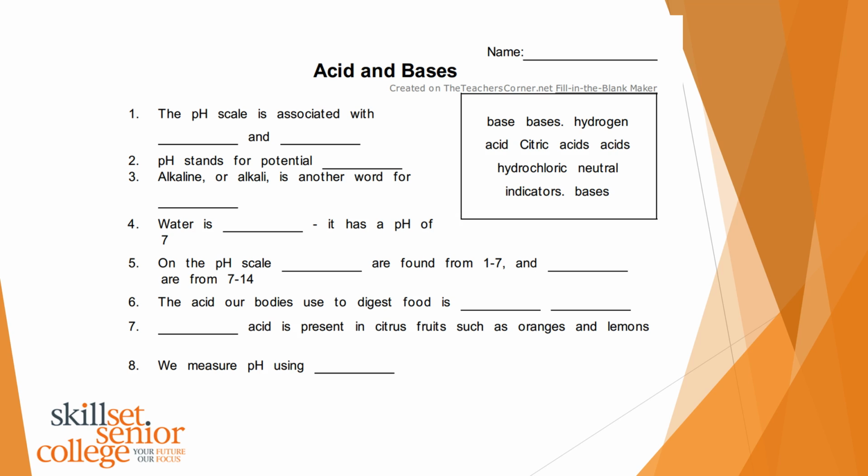Okay, so question number 1. The pH scale is associated with acids and bases. So we know that we're measuring the pH of something that's going to tell me if it's acidic, basic, or neutral. And it's important for a whole bunch of reasons. We've got a few examples there.